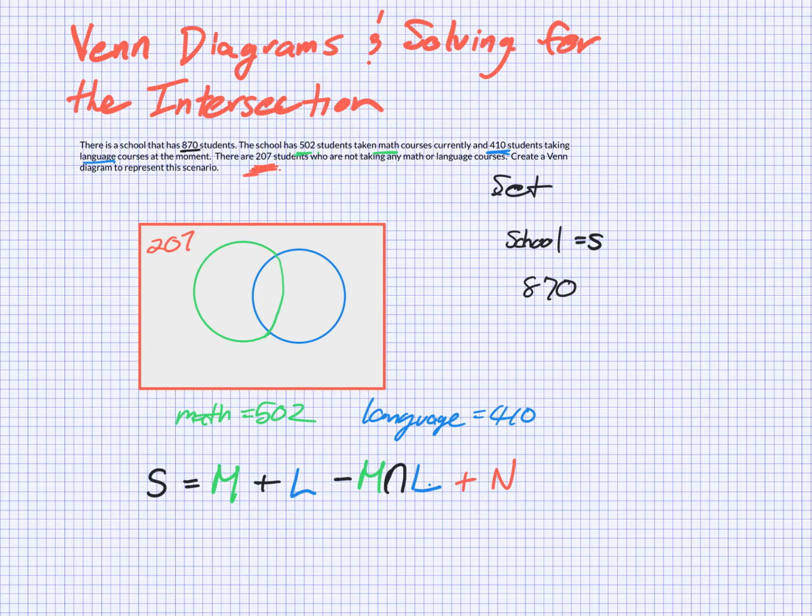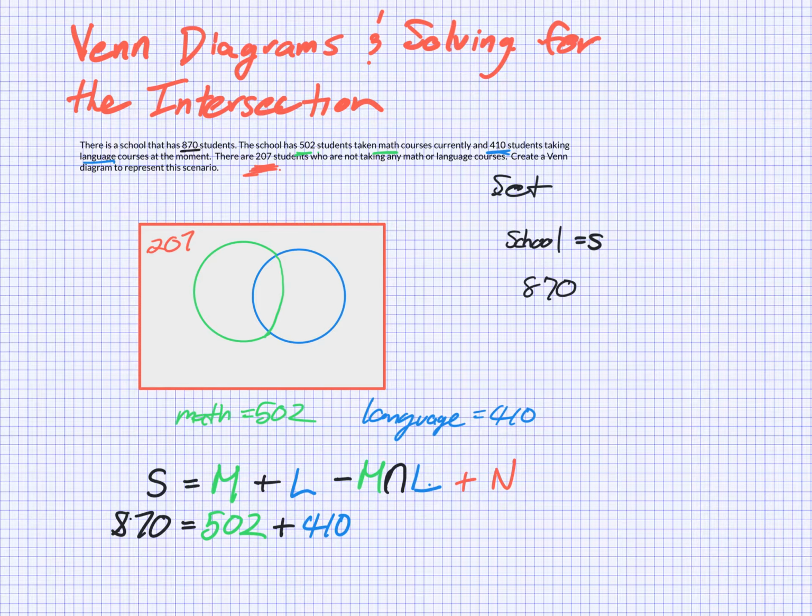So we've given a bunch of variables to represent this. We can start plugging in some of the numbers and we'll see what it is we're trying to solve for. I'm going to just keep writing in black after this point so it's a little easier. Our school is 870 students. Well, I guess I'll substitute with the colors to start. So 502 are taking math, plus don't forget the other 410 who are taking a language course.